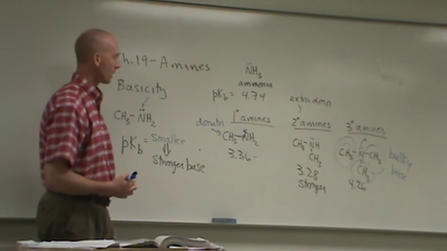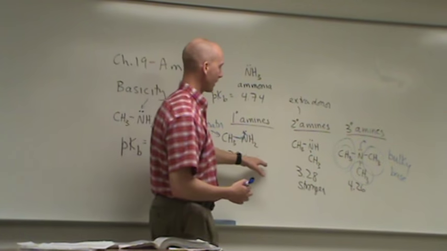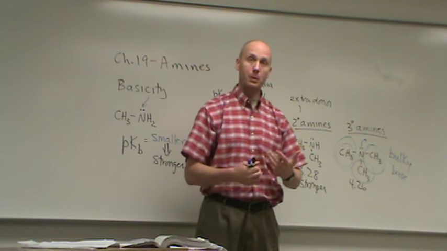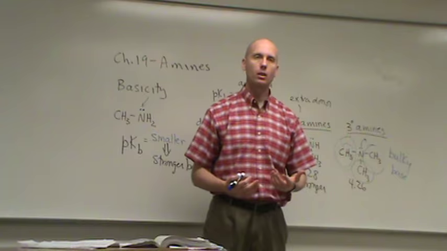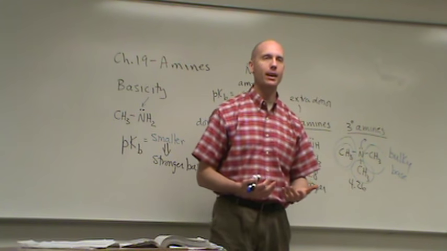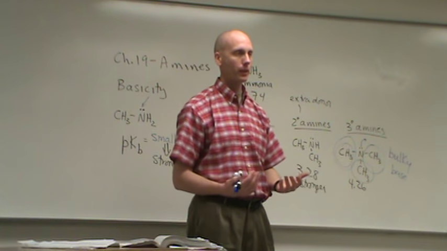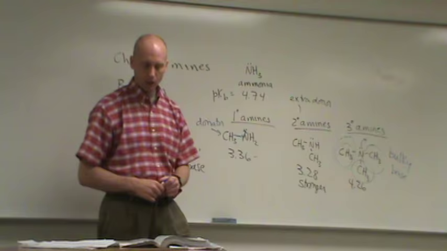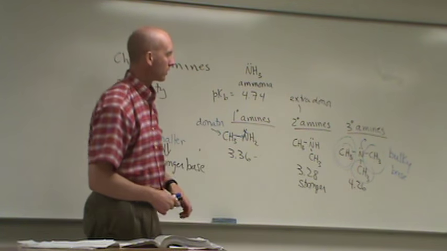So this is how you can use data to try to formulate theories. You can predict all you want, but if your prediction is wrong against the facts that you find out, then you have to reformulate the theory. That's what we did. So remember the trend.